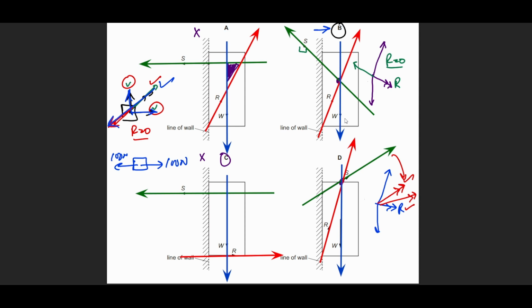So the resultant is not 0. It is not being balanced out. Over here, we can see that the green vector, which is this S, is actually opposite to the resultant of blue and red. So the option that very closely follows the resultant principles of 0 or equilibrium is option B.